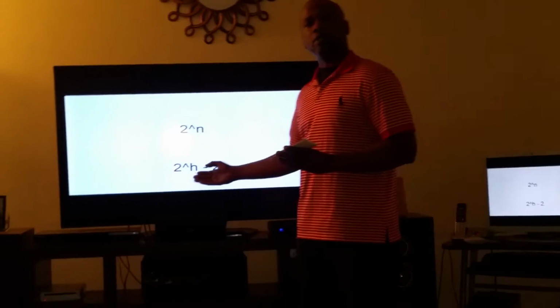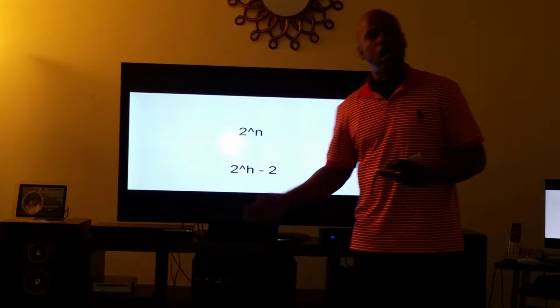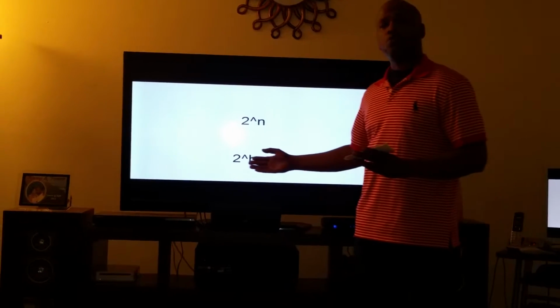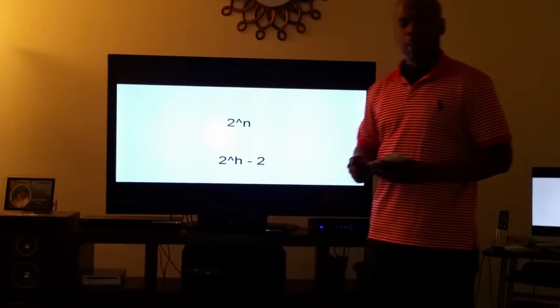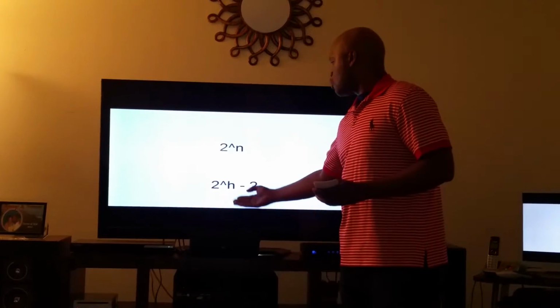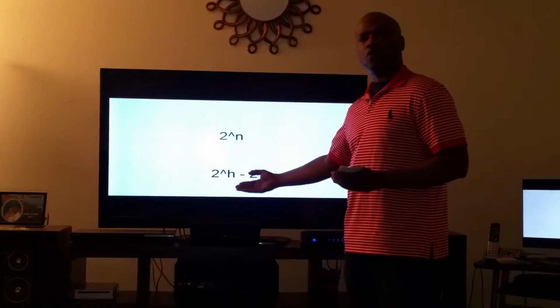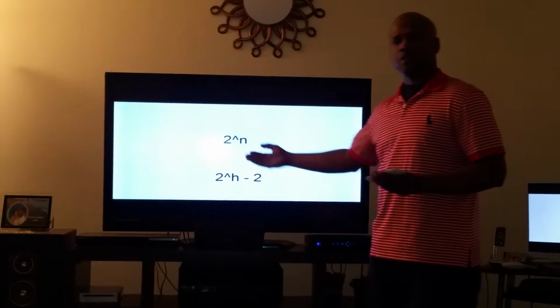And 2 to the h power minus 2 is also what Cisco uses to calculate the host bits used in the network. This rule only applies for the host, the minus 2. Networks do not use this rule.